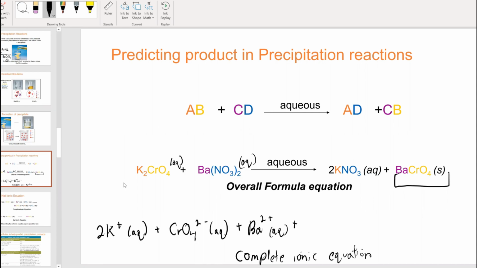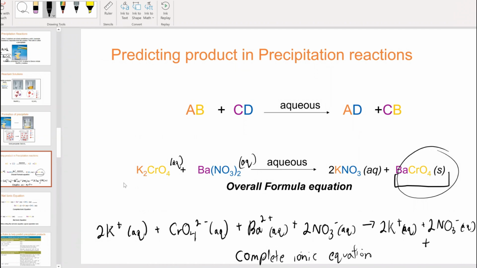And then you have 2 nitrates, 2NO3- (aq) yields. Now, since potassium nitrate is still soluble, you have 2K+ (aq) plus 2NO3- (aq) plus the solid.